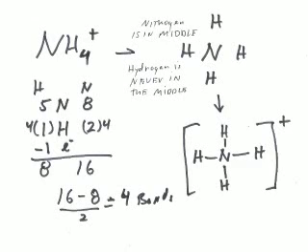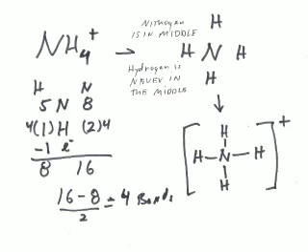Do our has and needs. Nitrogen brings 5, would like 8. Hydrogen brings 1. Remember, hydrogen only has 1 electron. Wants 2. It only has room for 2. There's 4 of them. 8 and 8 is 16. We'd need 16 electrons. 5 and 4 would be 9 electrons if it was a molecule, but it's not a molecule, it's a cation.